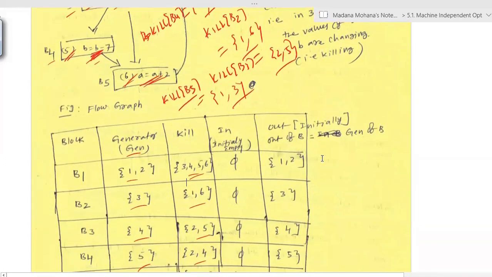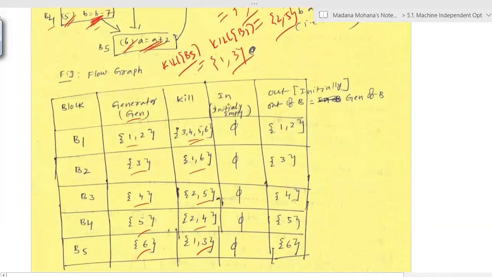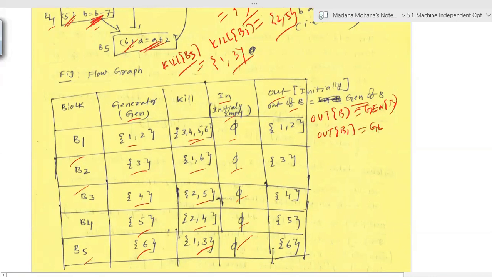Then initially all IN values are empty for all blocks B1 to B5. Initial values are empty. Then OUT values initially will be taken from GEN of B. So OUT of B equal to GEN of B is the initial value. Now here OUT of B1 equal to GEN of B1.